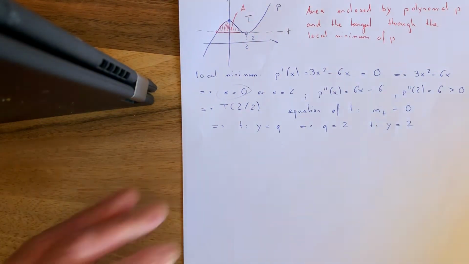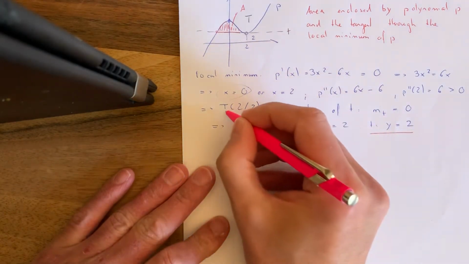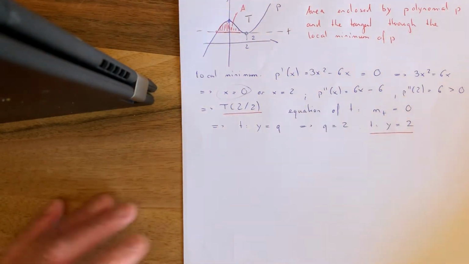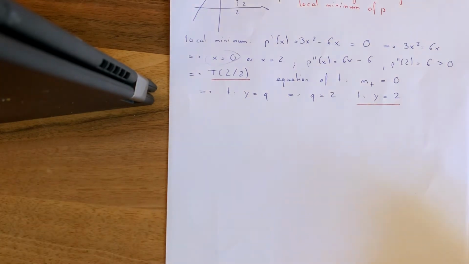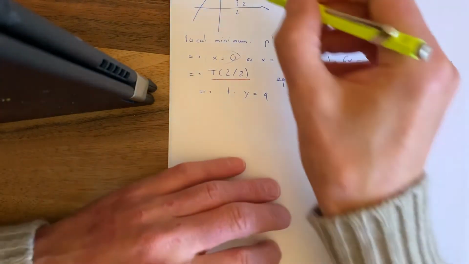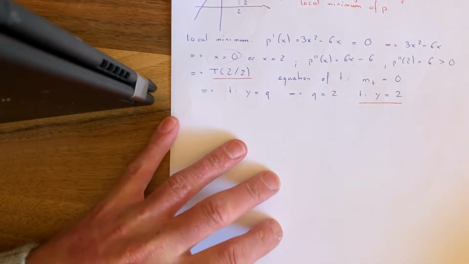So this is my tangent equation and this is my T-point. What we've done so far has nothing to do with integral calculus. This was just differential calculus. However, now in the next step we need to find area A.